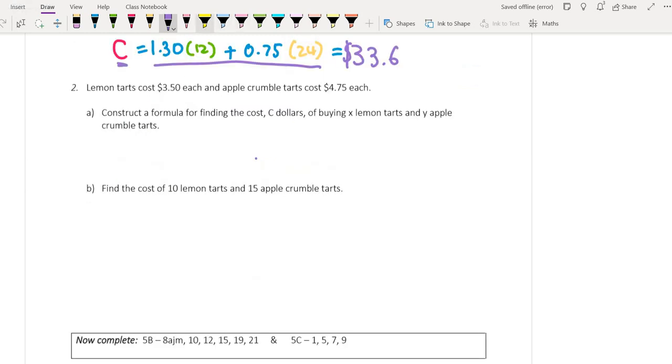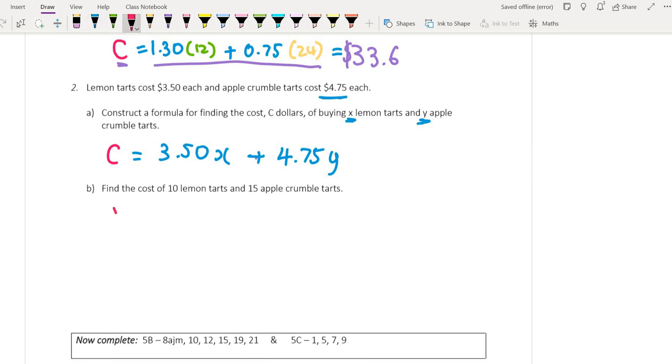Now this next question is very similar, so I'll go through it very quickly. So the total cost of lemon tarts, which is 3.5 each, and we're representing with X, plus apple crumbles, which is 4.75 each, and we're using Y to represent this.